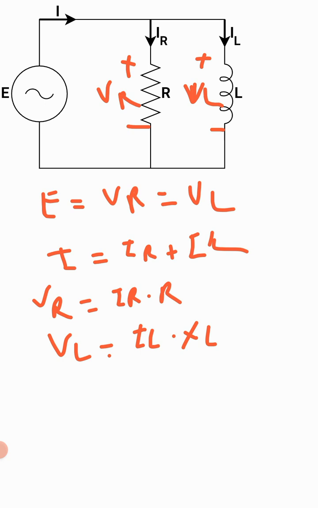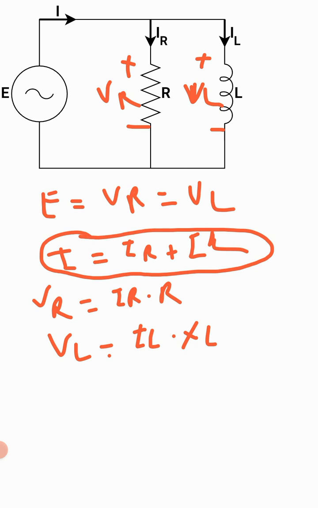So we know that the sum of two currents is the total current I, and the voltage across the inductor is equal to the voltage across the resistor. Okay, and if you want to calculate any one current, you can use this equation to calculate the current flowing through a particular branch.